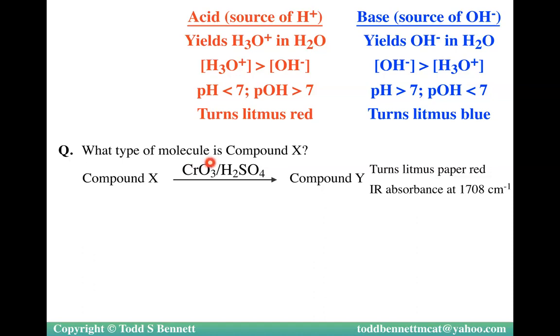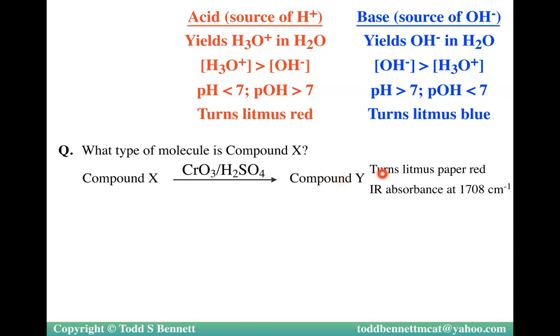Number one, the reactant is drawn above the arrow, so I take some unknown compound X, I treat it with chromic oxide, something rich in O, so an oxidizing agent, and acidic conditions, H2SO4, also oxidative conditions, when the whole thing's combined, to generate some compound Y. So I know, based on this oxygen-rich species, that this organic compound X is going to be oxidized and turned into a more oxidized organic compound.